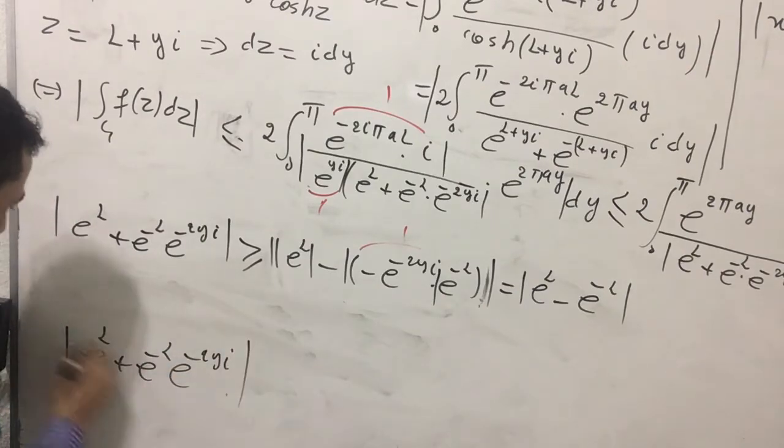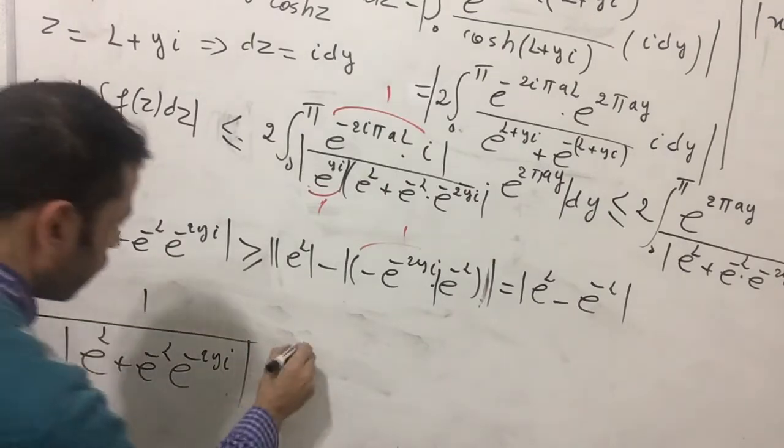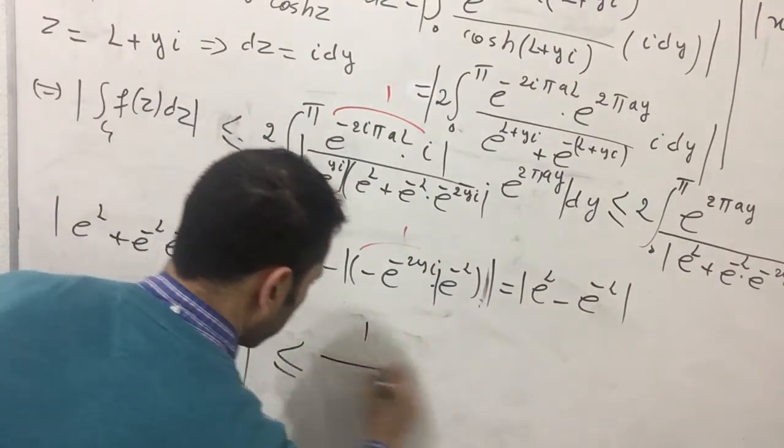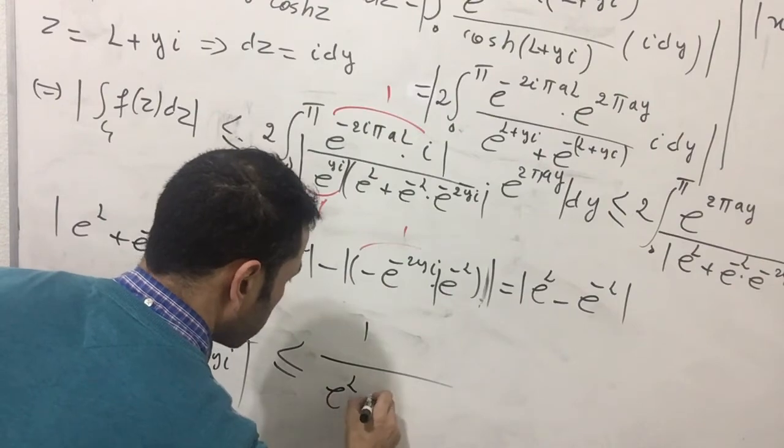I will have this term, 1 over this term is inferior or equal to 1 over this term, e to the L minus e to the minus L.